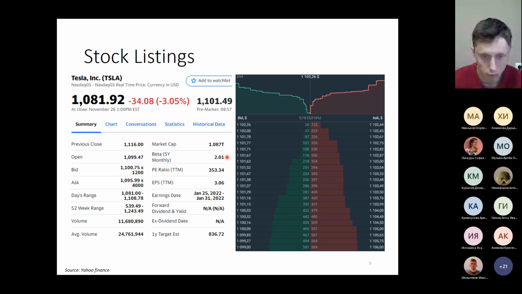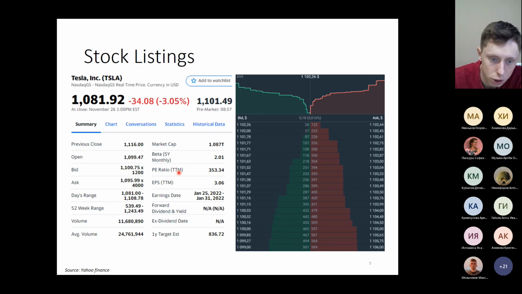But so far, let's just remember that this is the estimation of the risk, and the higher it is, the higher would be the change of the Tesla price related to the change in the market average. So here we would say that for every 1% change in the market, we have a 2% change in the Tesla price.